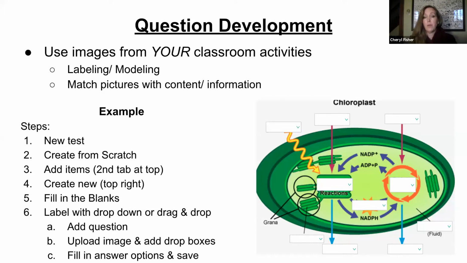They had done well with this, and they actually love this option. The other thing you could do instead of drop-down boxes is drag and drop. If you wanted to use a word bank type of assessment, you could create that word bank and have them drag and drop right into those spots that we provided.